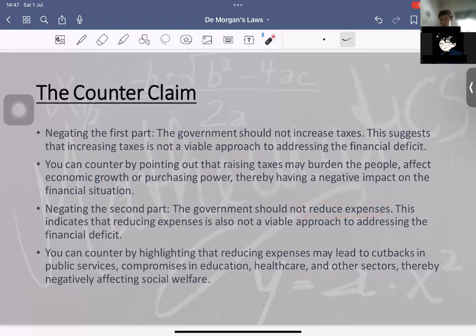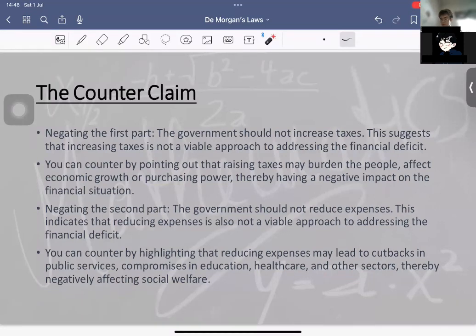This indicates that reducing expenses may lead to cutbacks in public service, compromise in education, healthcare, and other sectors, thereby negatively affecting social welfare. So this is a good way to make a counterclaim in a debate. It's very useful in debate competitions.